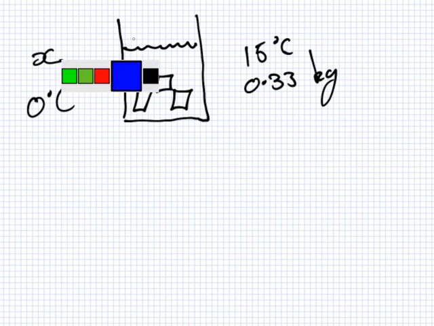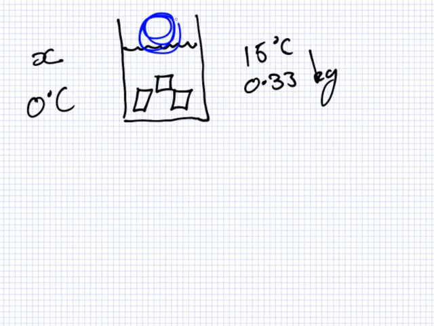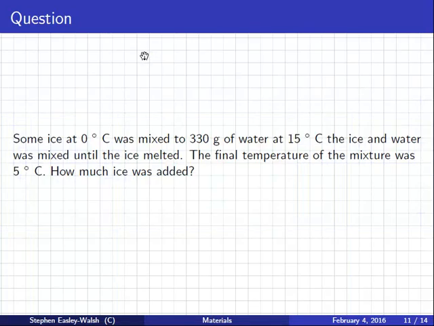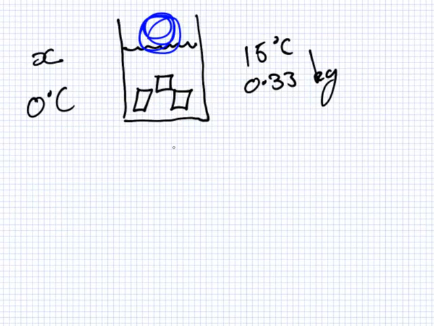Now what happens is I mix it all together and the final temperature is 5 Celsius. How much ice did I add? So there are two parts here. Is the water gaining or losing energy? Losing. And the ice? Gaining.